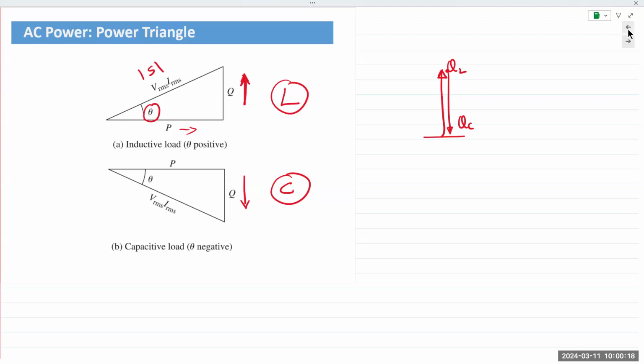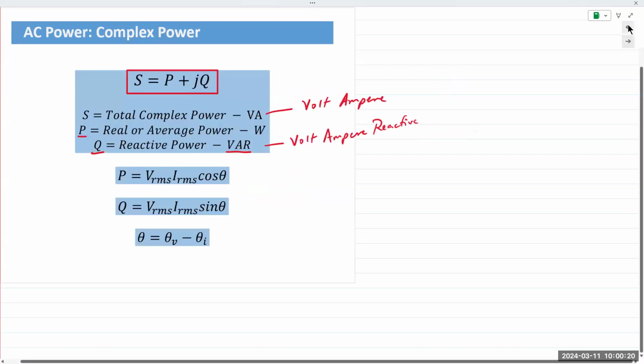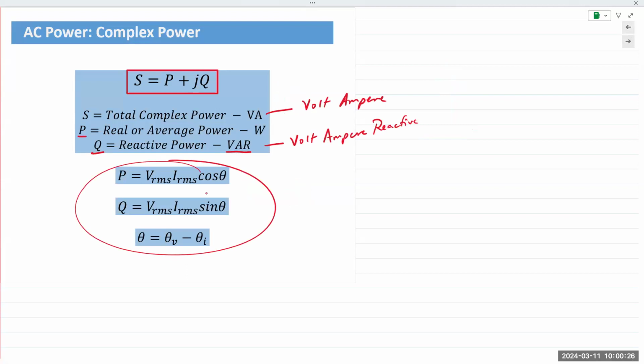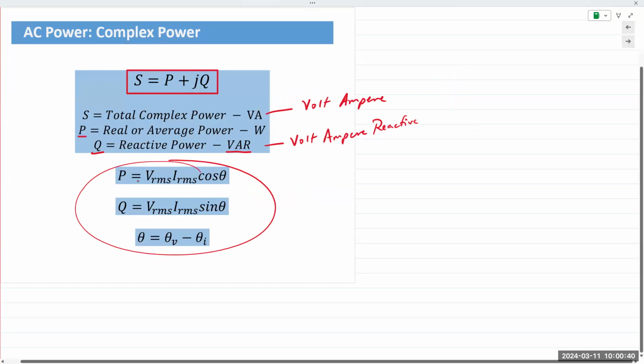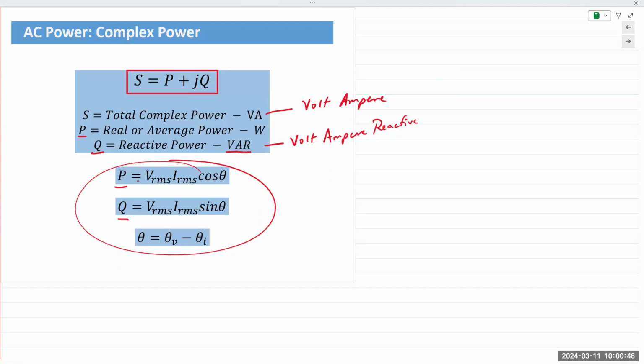So from these triangles, we can have more equations for real power and reactive power. If students have to leave, that is fine. I'm just going to cover a few more slides and then we'll end the class. So based on the trigonometric identities from the triangle, you can describe real power P and reactive power Q in terms of the phase angle theta.